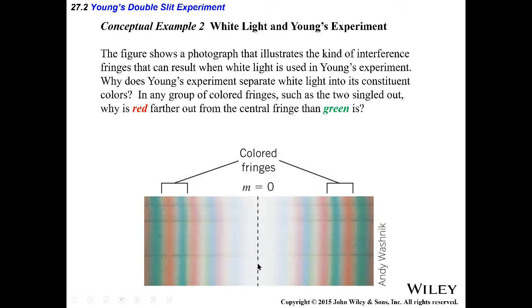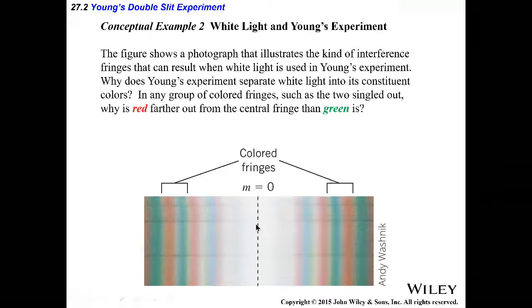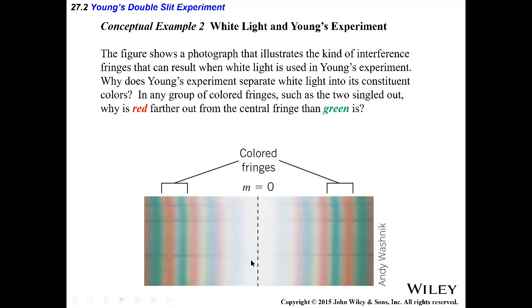And of course, in the middle, it is white. In the middle, it's white because for all the lights, the central fringe is bright. So it doesn't matter whether it's red or blue or green and so on, whatever combination you call white light, they will now all come here and become white. Is there any question about that? No question, right? That's obvious. That's trivial. But you now have to say, what about those outside fringes?